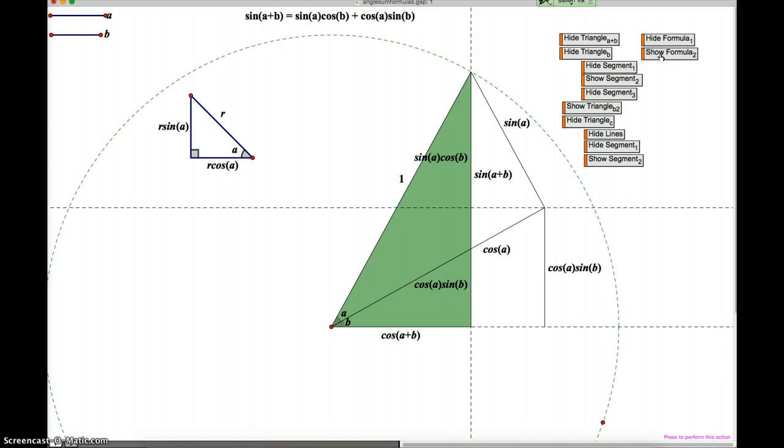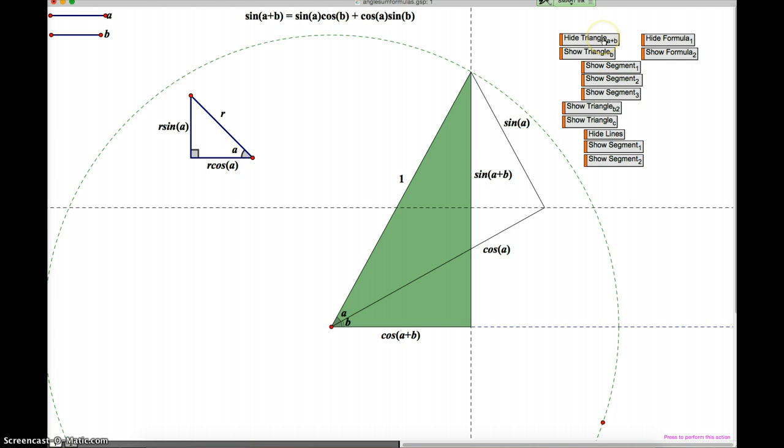So now what we'd like to do is move on to the cosine sum formula, which is just the other side of this triangle. It's the base of this right triangle. We'll go ahead and hide some of these other segments that we don't need, and I also want to hide this one here.